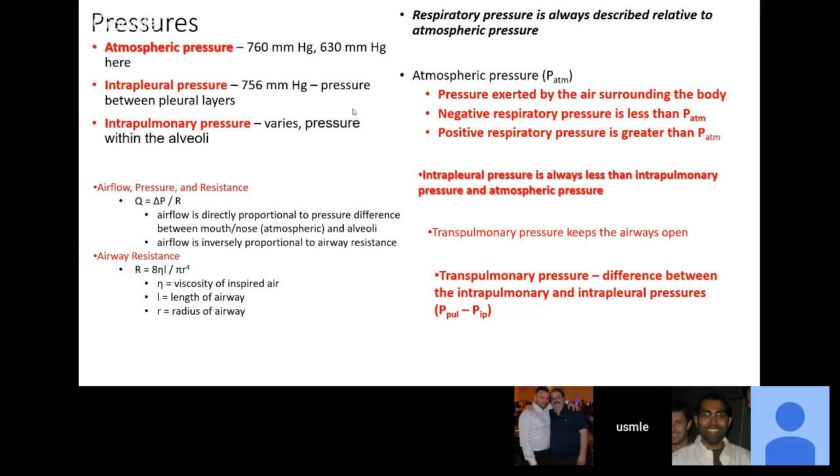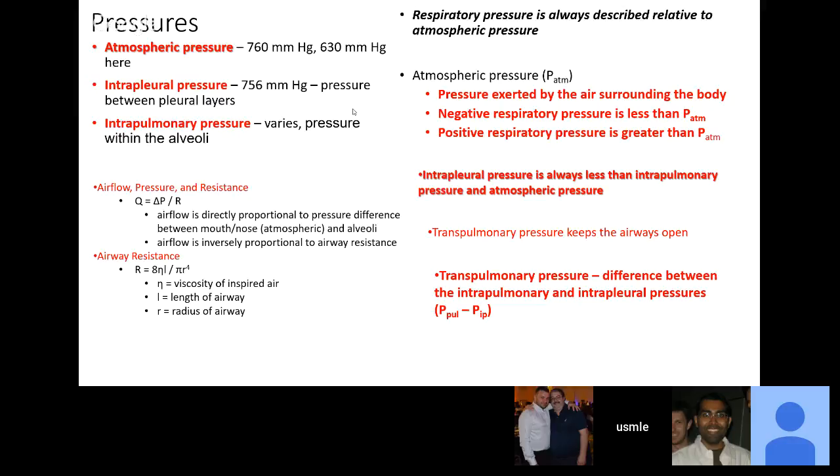So the respiratory pressure is always described relative to the atmospheric pressure. What is atmospheric pressure? It's the pressure that is surrounding you. It's a constant type of pressure that might change with the height, but overall it should be always constant.